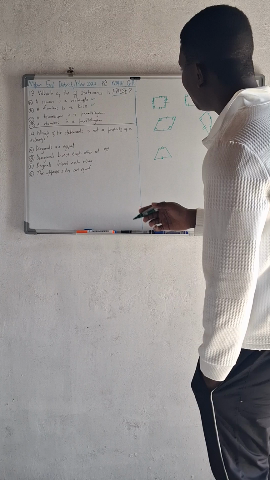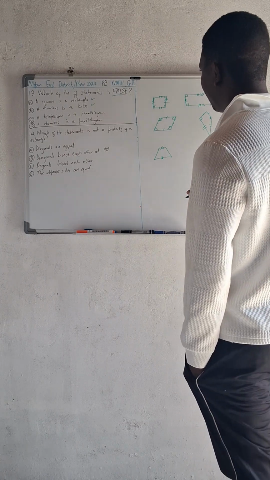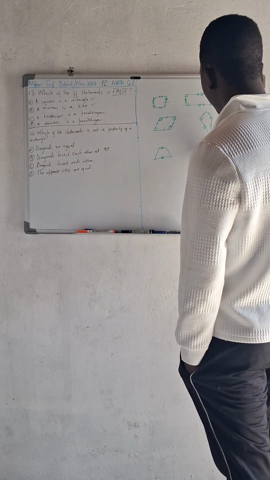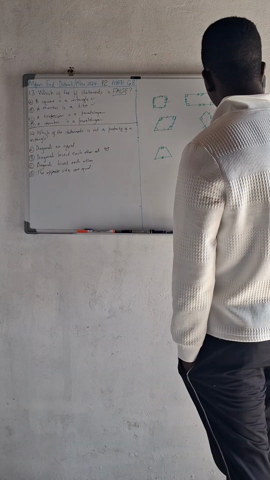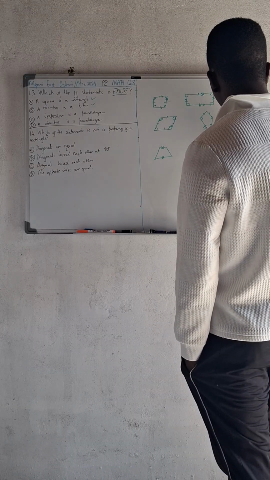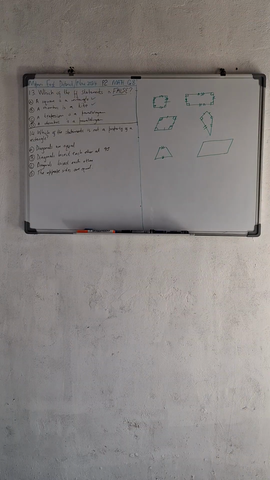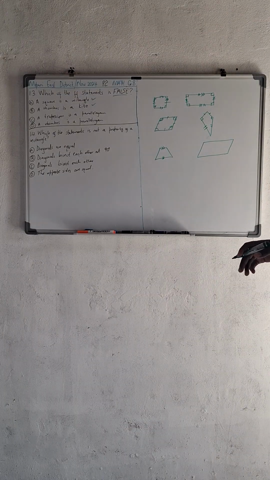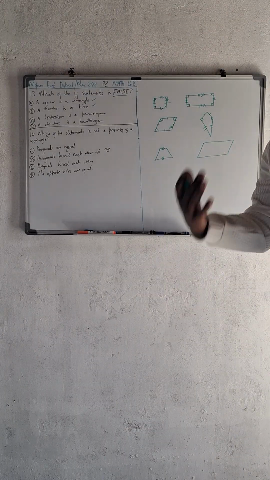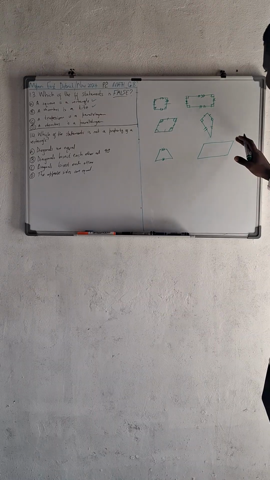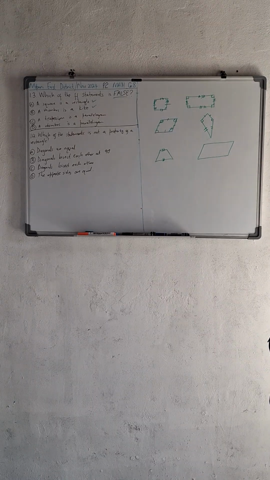So they are saying a trapezium is a parallelogram. You can already visualize how that could be possible. So I'm going to start with simple properties of a parallelogram that will never fit in a trapezium.